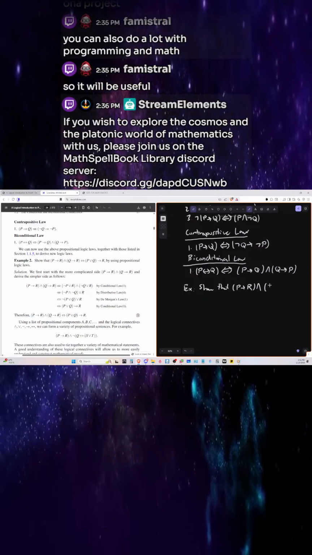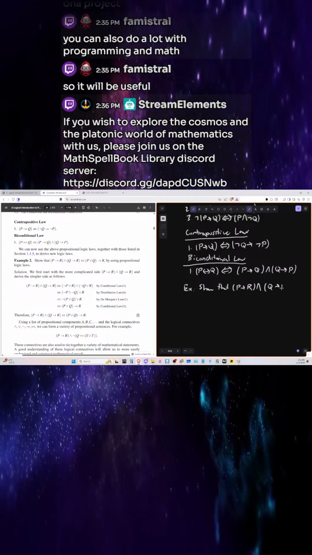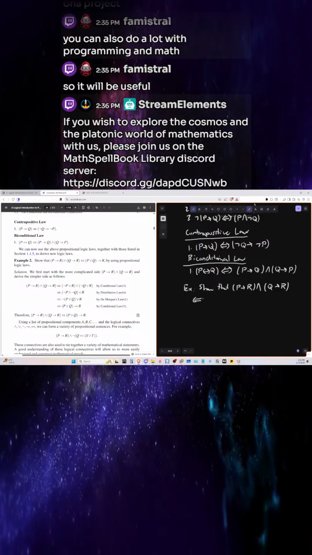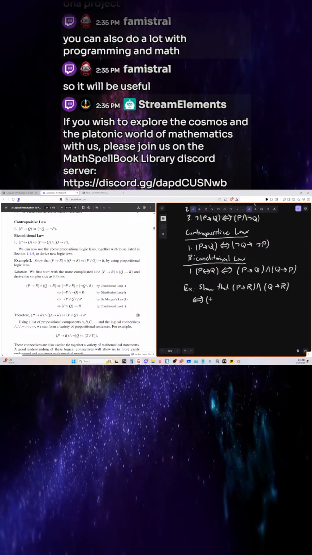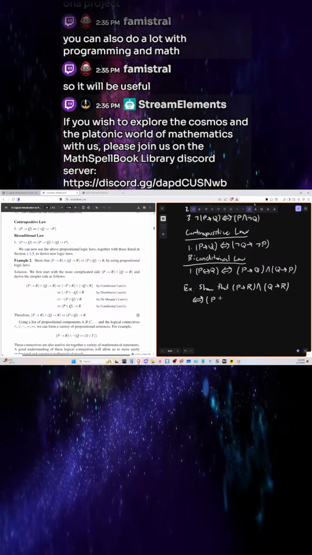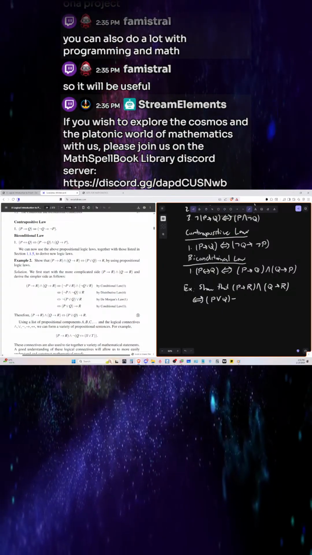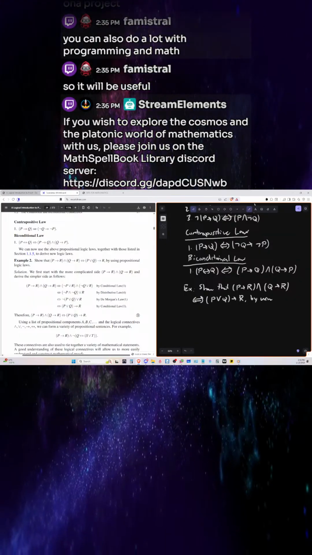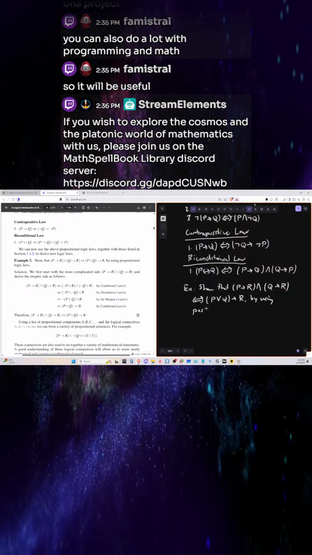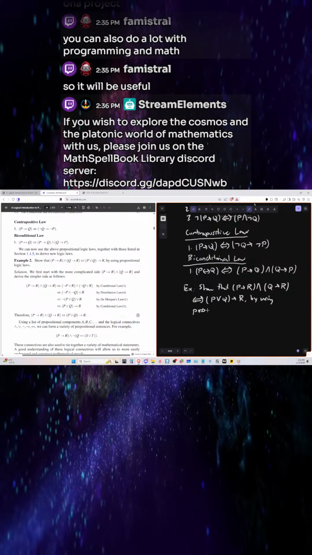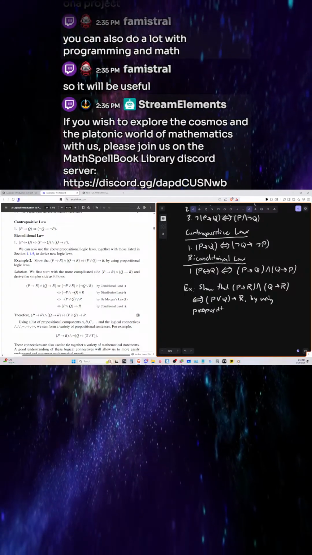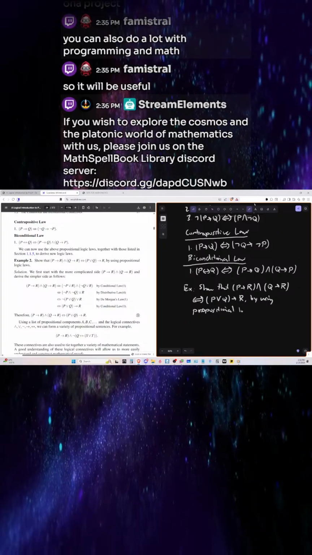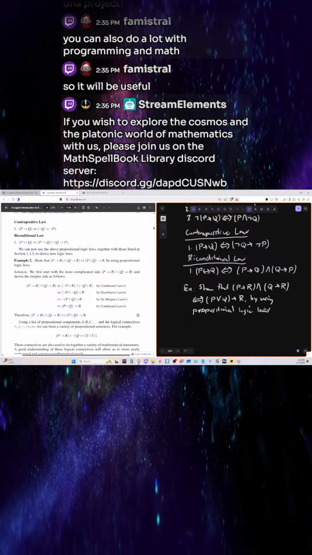The fun of math books is that they have examples, and sometimes they make you feel like, can you solve the problem before you read about it in the next part? By using propositional logic laws.